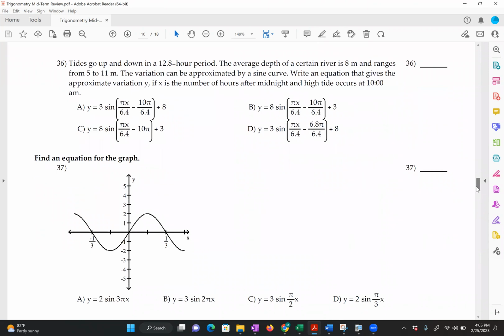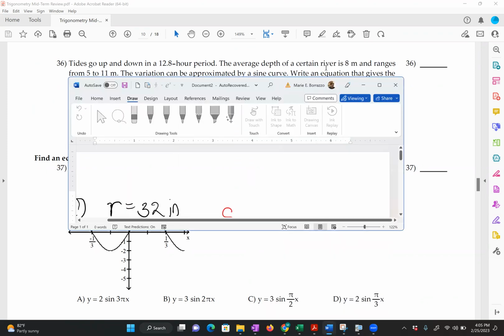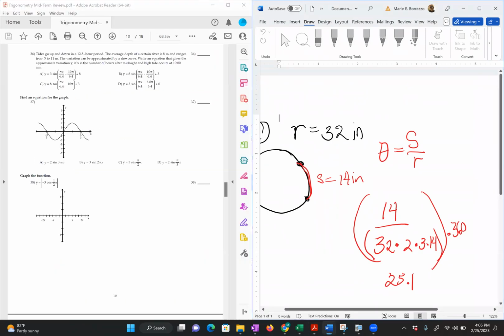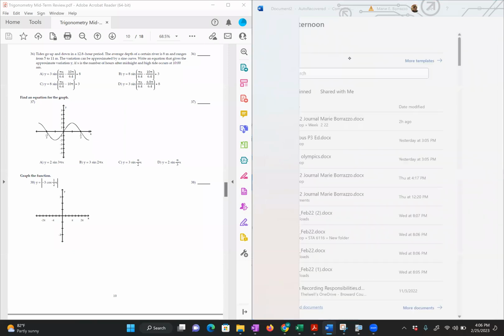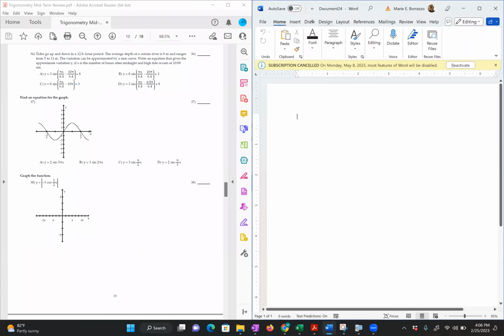On 36, the tides question, we've done this one before. Between 5 and 11, somebody came and asked me this question earlier in the week. So first things first, you have a tide, and that tide is running between 5 and 11.